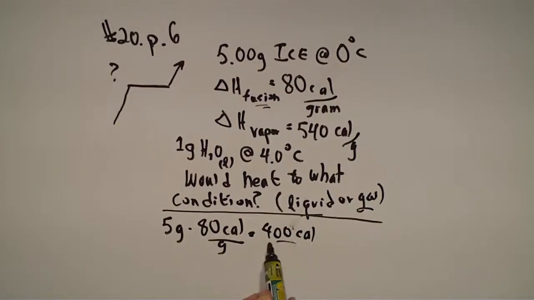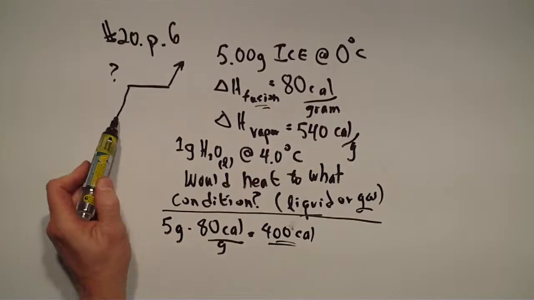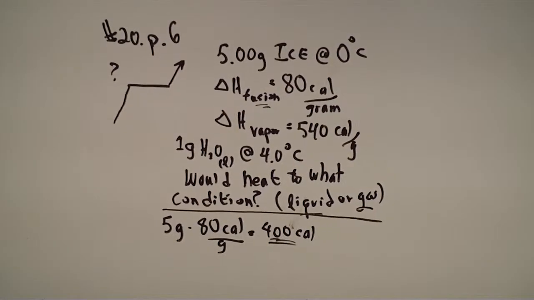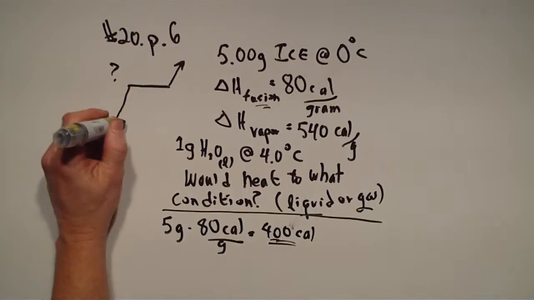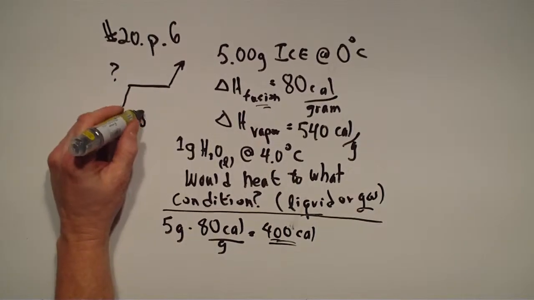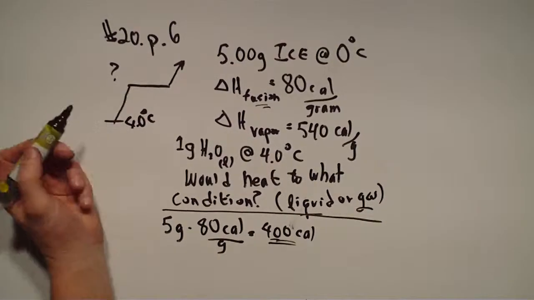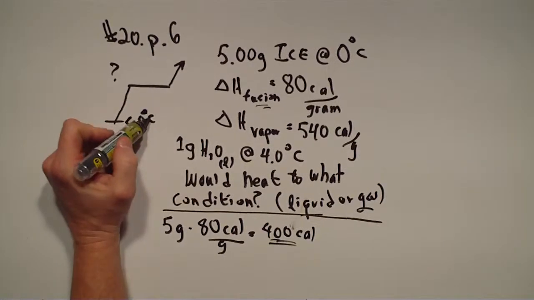Now let's say, how far would we take 1 gram of water? How far could we heat 1 gram of water if we have 400 calories total? So first of all, let's see. We're starting out here at 4.0 degrees Celsius, which means to take it up to boiling, we'd have to take it up 96 degrees Celsius.